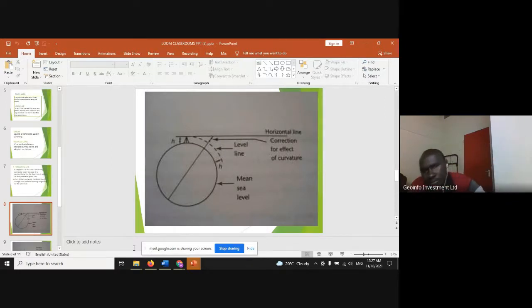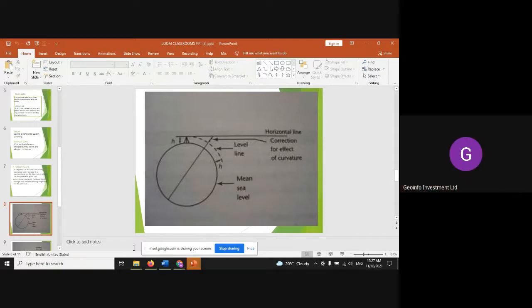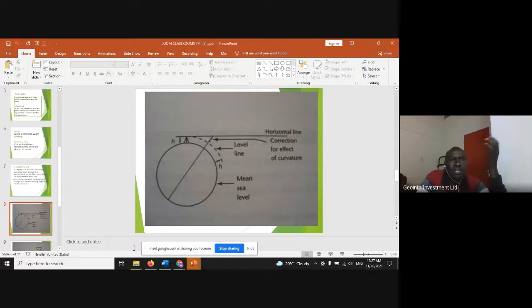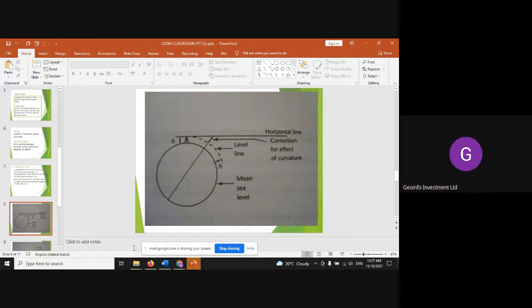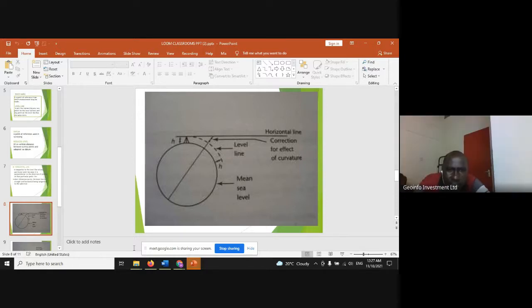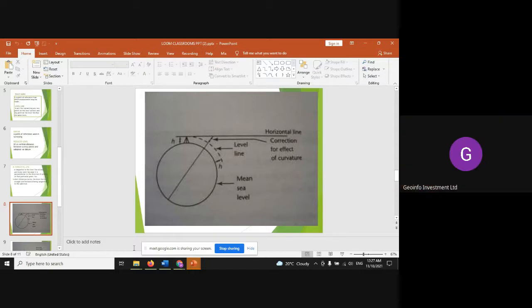So when you move from Mombasa towards Nairobi here, you will find that the height is approximately 1,607 meters above the sea level. Say this is the mean sea level. This one is the instrument, the leveling instrument.